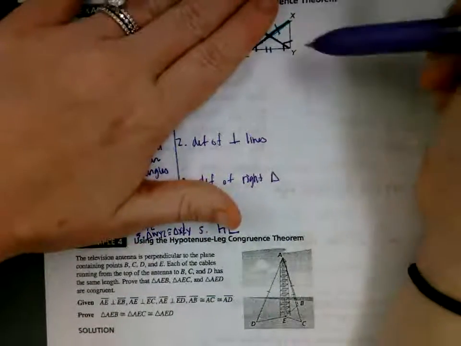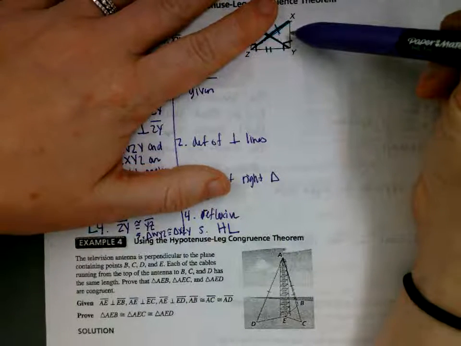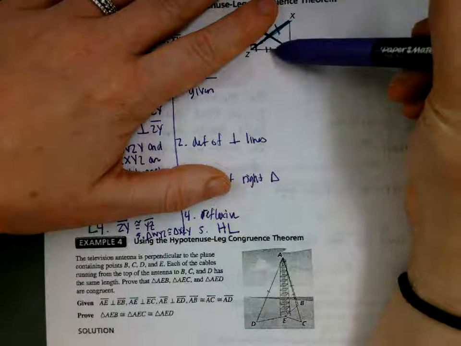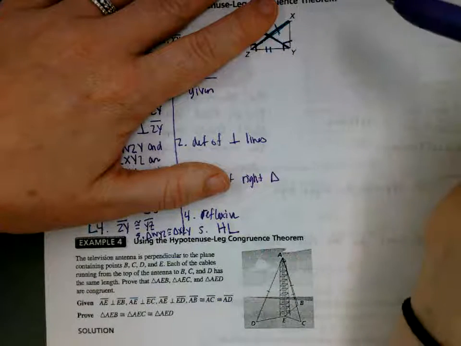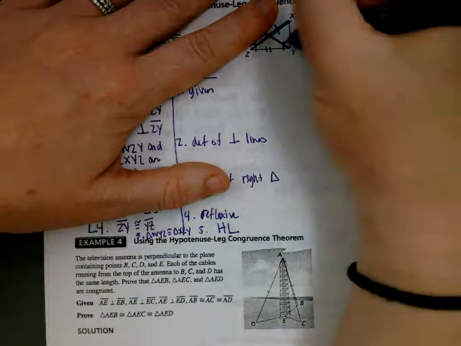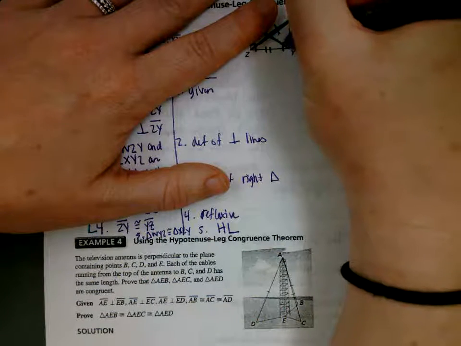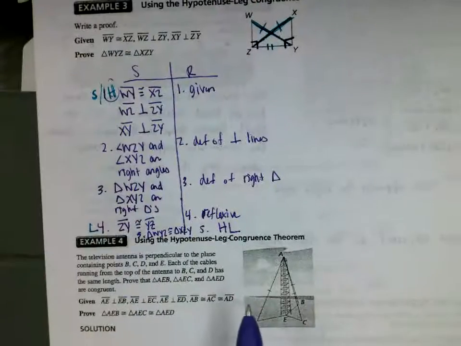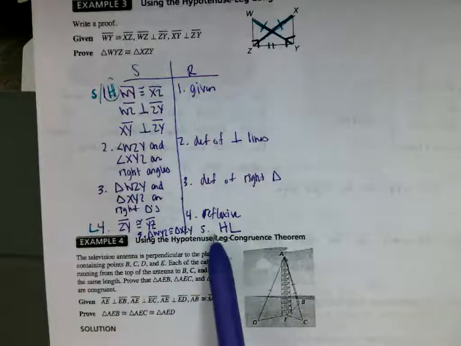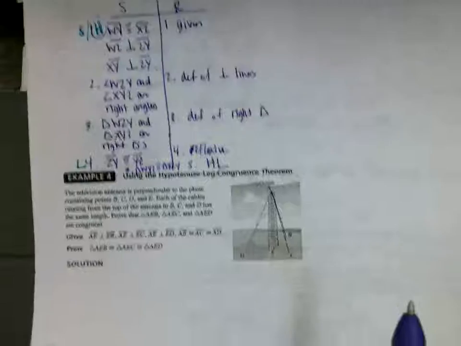Whenever I look at this triangle, it looks like I have side-side angle or angle side-side, but I know that I can't use that in a regular scenario. The only time I can use that is if it's a right angle right here, and because it's a right angle, it's called HL. So you do not write angle side side or side side angle here, you write HL.